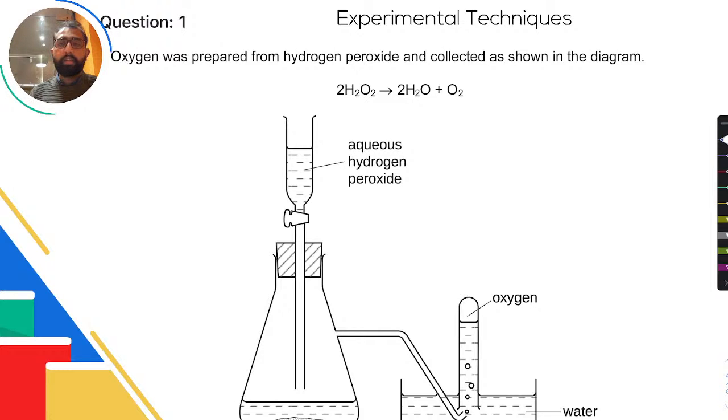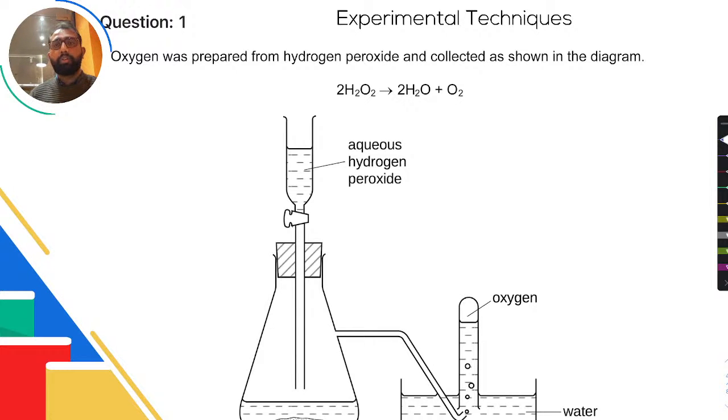Because we're collecting oxygen, collection over water is the best method. The other two methods, downward delivery and upward delivery, work based on the MR of the gas. If the MR is lower than 28, it will be collected easily by upward delivery. Greater than 32, it will be collected by downward delivery, like carbon dioxide or sulfur dioxide.